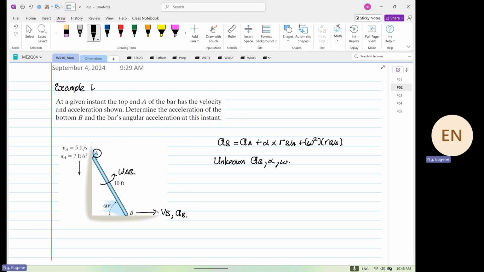What we do know, again, given, is that our velocity at point A is equal to minus 5J, and this is in feet per second.